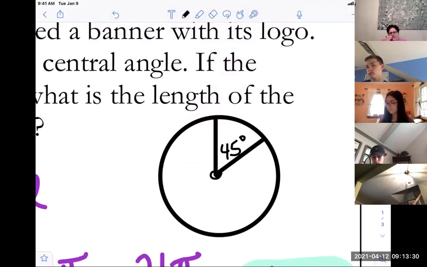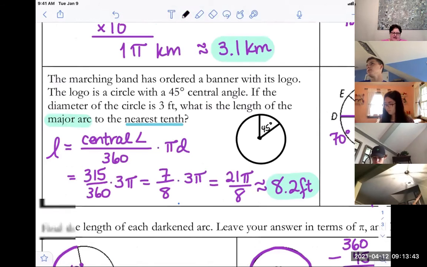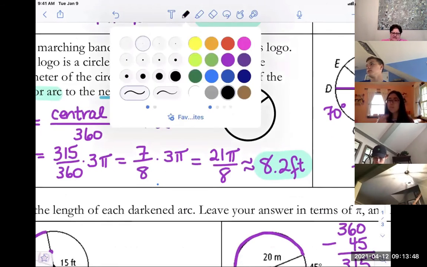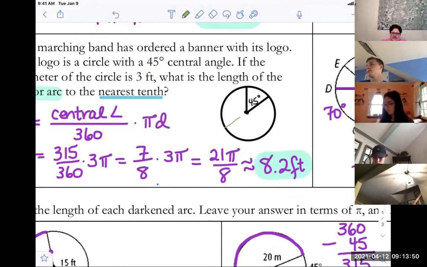And remember, this is the same idea as when we talked about central angle with the regular polygons. The central angle is formed with the center point, and then 2 radii, making your central angle. So the diameter of the circle is 3 feet. That means the distance all the way across would be 3 feet.